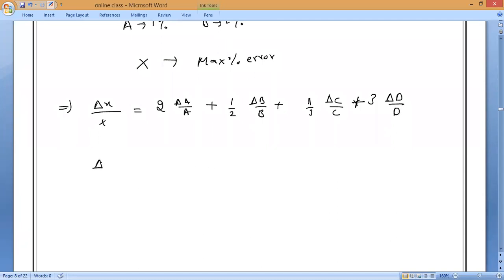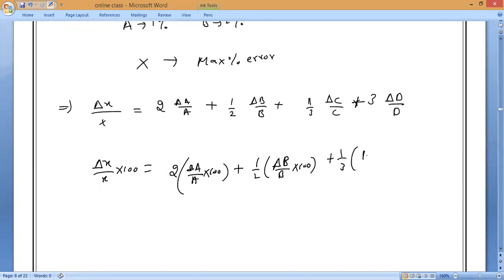So delta X by X into 100 is equal to 2 into delta A by A into 100 plus 1 by 2 into delta B by B into 100 plus 1 by 3 into delta C by C into 100 plus 3 into delta D by D into 100.